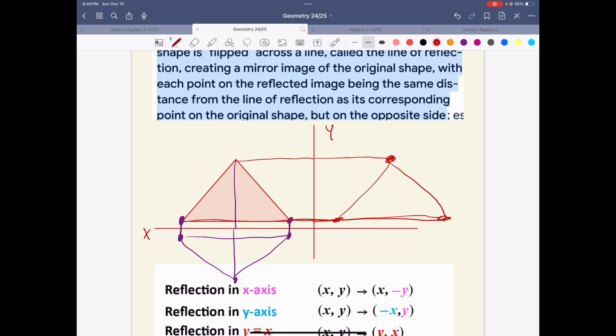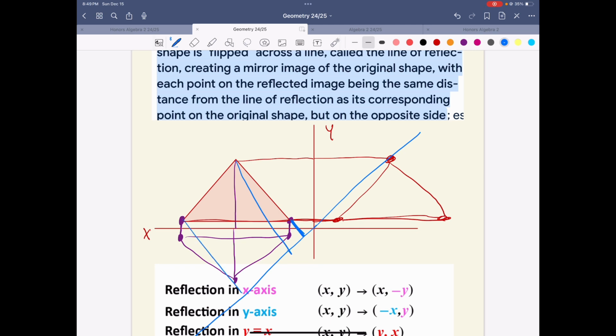We can reflect it about anything. We can reflect it across x, we can reflect it about y. Another one that comes up commonly is we reflect it along the line x equals y. So reflect it along this blue line here, and that's the line x equals y. We can do the same thing, and I don't have enough space to do it, but you can see how I can draw those distances.